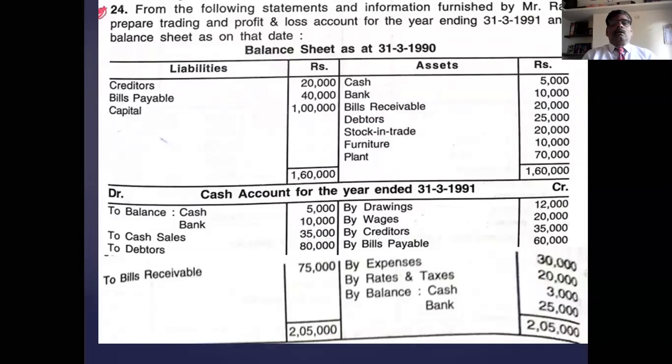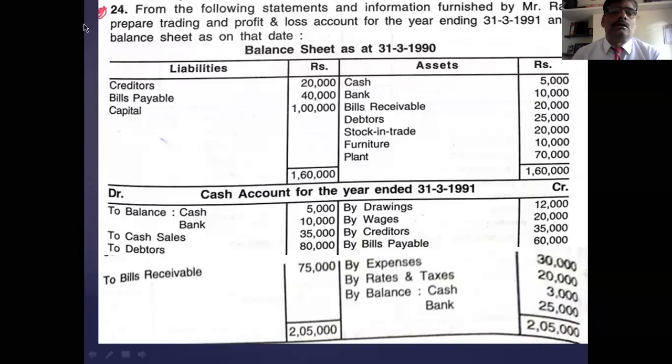So, first of all, you have to prepare the missing information, then go for preparation of trading profit and loss account. First requirement of our missing information is statement of affairs.